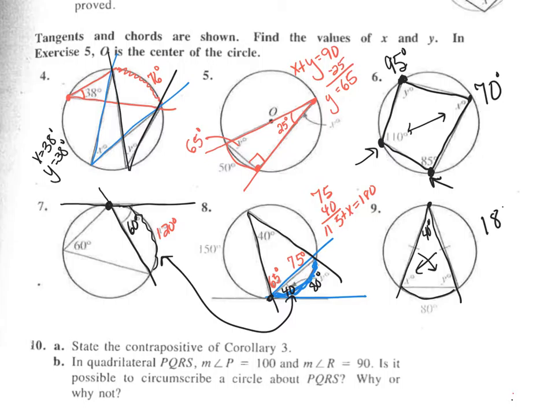So if I have 180 degrees in the entire triangle, and I subtract out the 40 that go up here at this vertex angle, remember in an isosceles triangle, the top angle is called the vertex angle, then I need to divide the other two angles evenly by 2, since I know they're going to be the same. So both x and y are going to have a measure of 70 degrees.